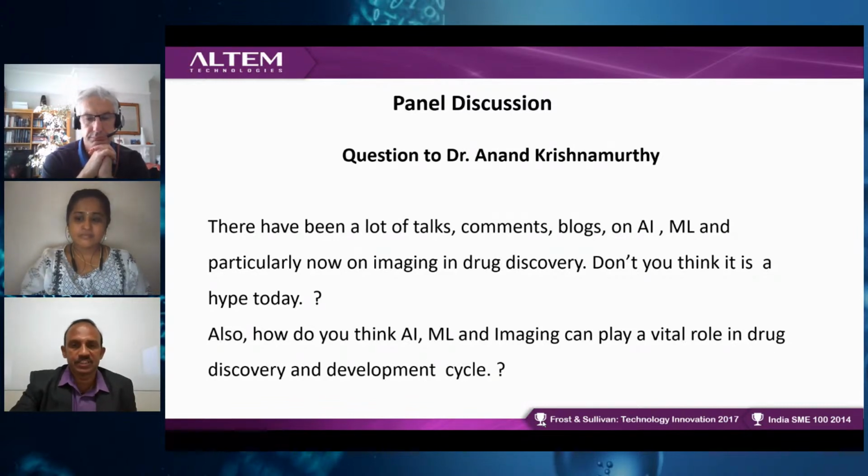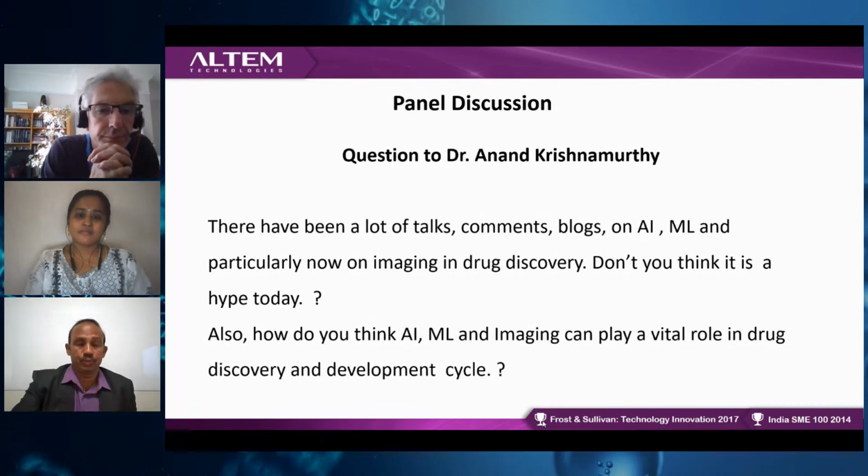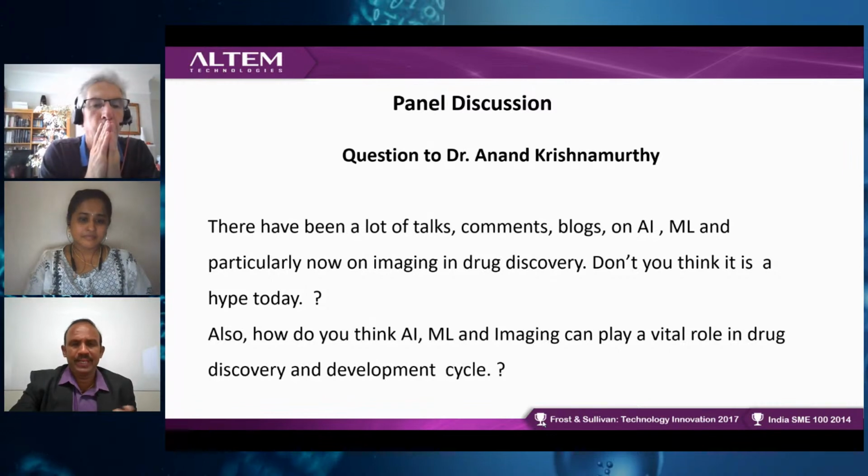What is a compound that is synthesizable? What is not synthesizable? What is the mode of action of a compound? Whether a compound has a polypharmacological capability or property. All of these things can actually be identified and defined. So I'll give you an example before I complete the answer to this question.